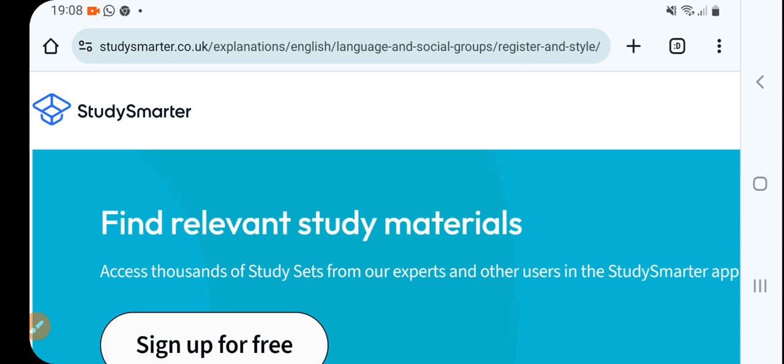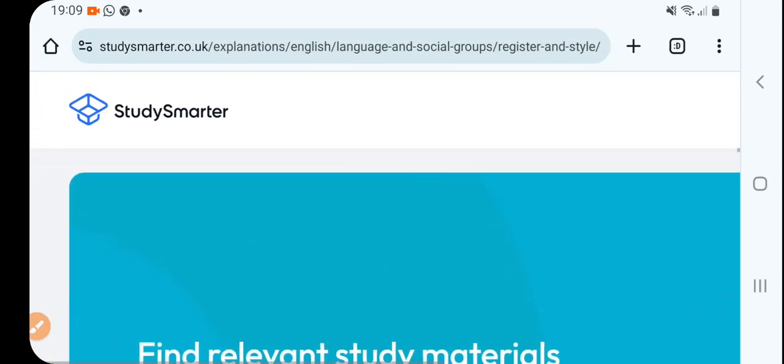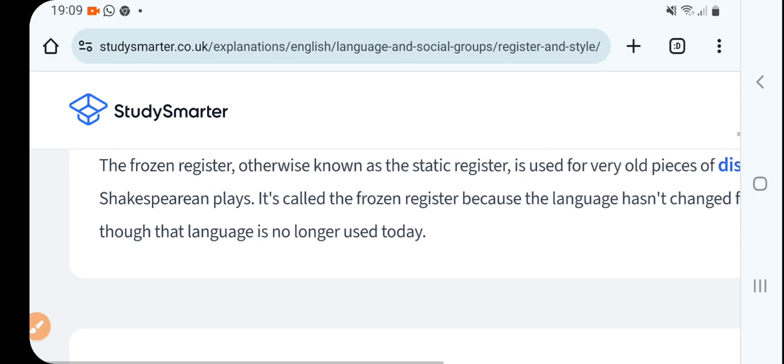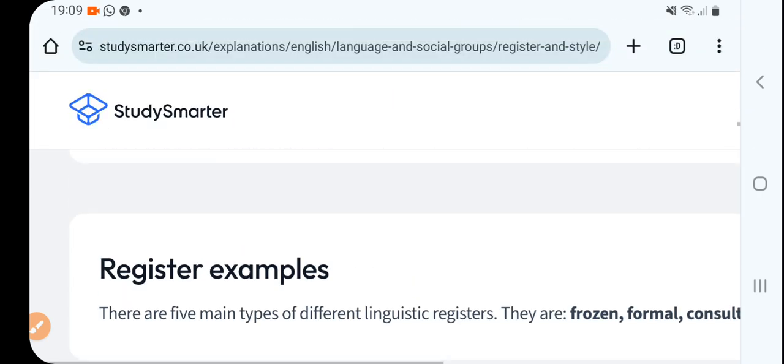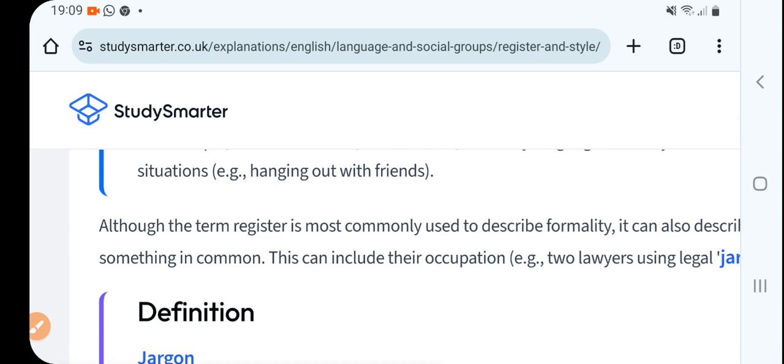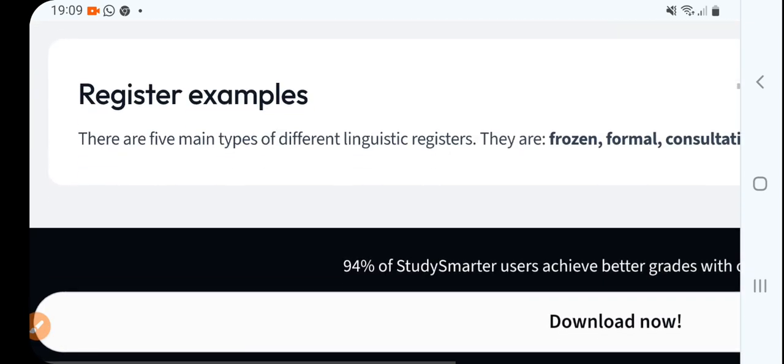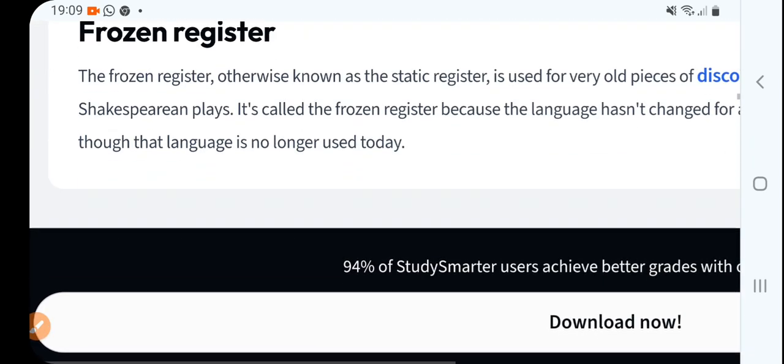For that, specific language and specific jargon are used, right? And then punctuation: each and every punctuation mark, even a dot, speaks a lot, and we have learned that here. And then we have discussed different kinds of register, right? So let's see at a glance what kinds of register we have seen.